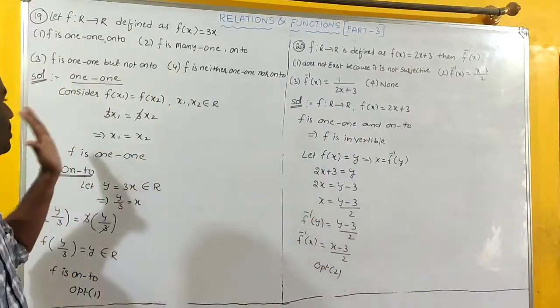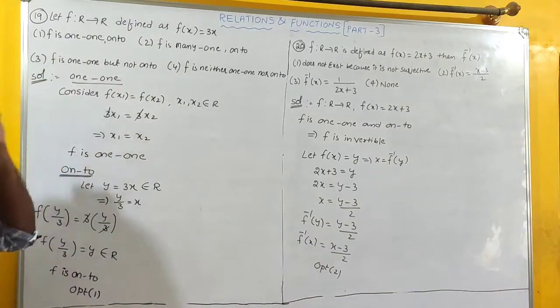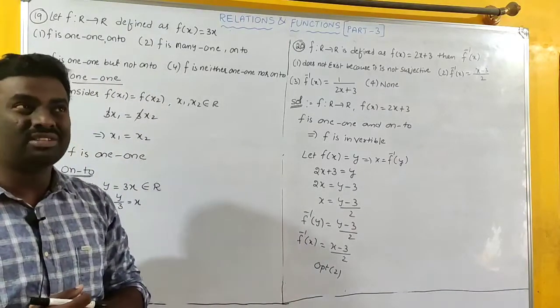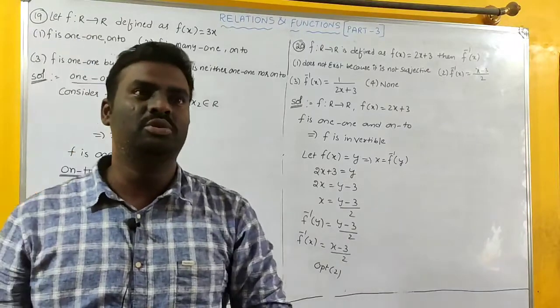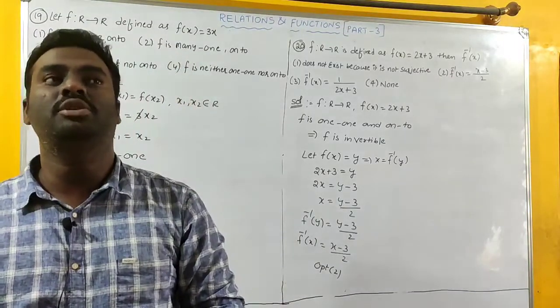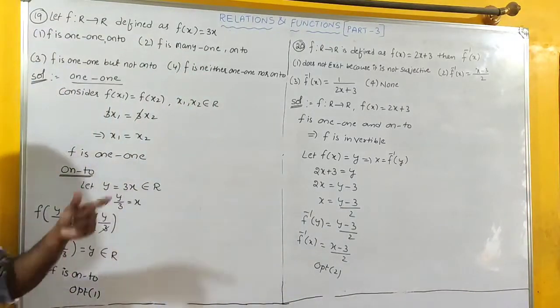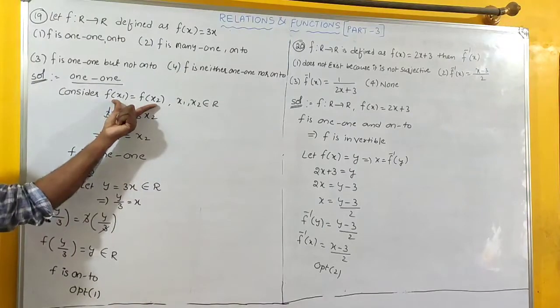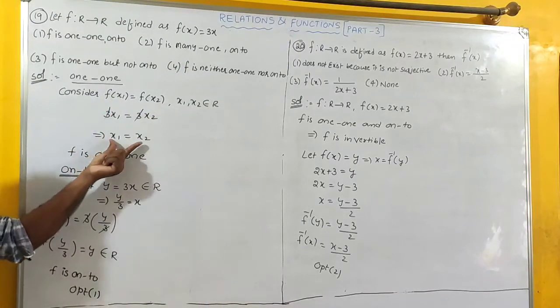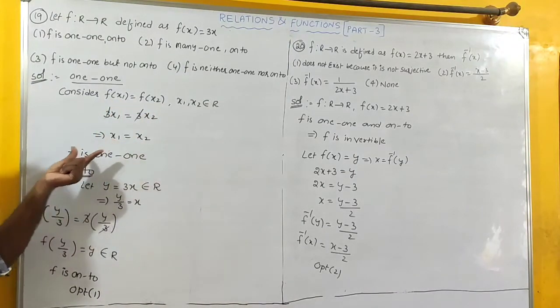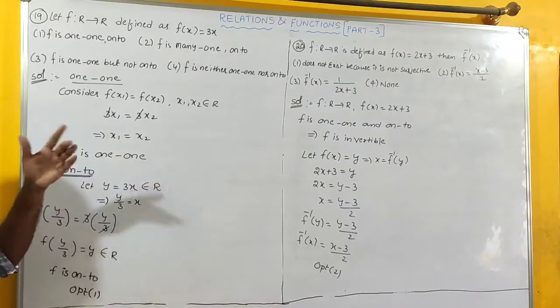In this question also, children, observe the 1-1 definition. If f(x1) = f(x2), then x1 = x2. That's why at the start I took f(x1) = f(x2). Finally we got x1 = x2, that is 1-1. What is onto?